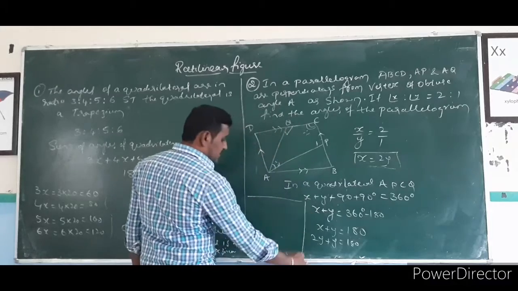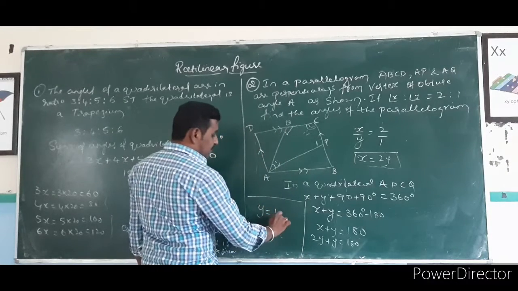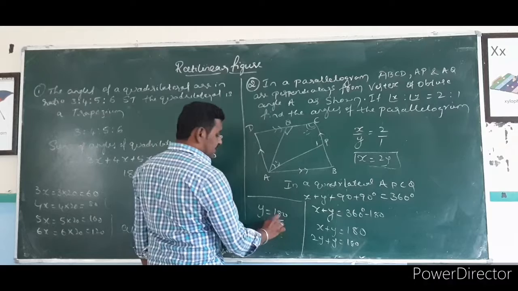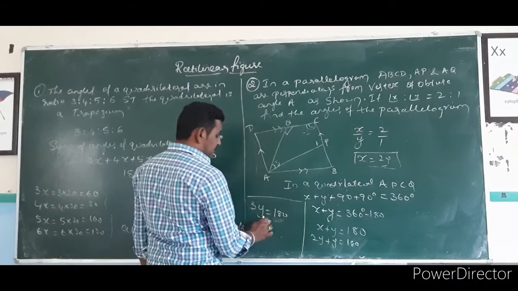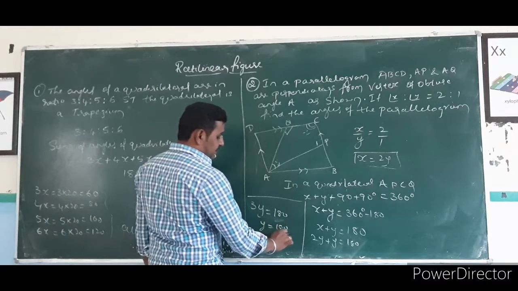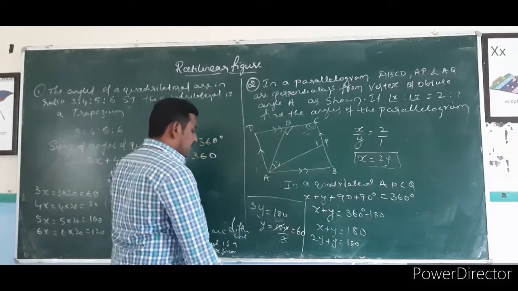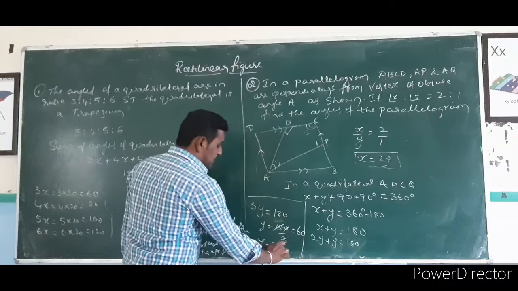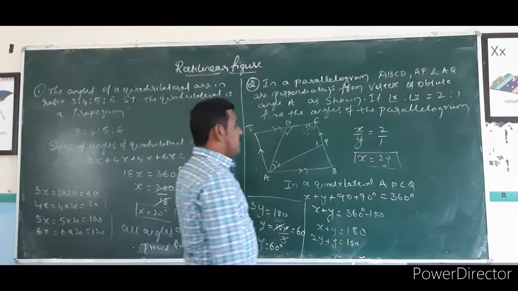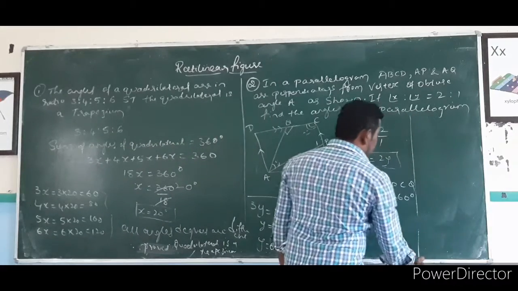That implies 3y is equal to 180 degrees, so y is equal to 180 degrees divided by 3. So y is 60 degrees.